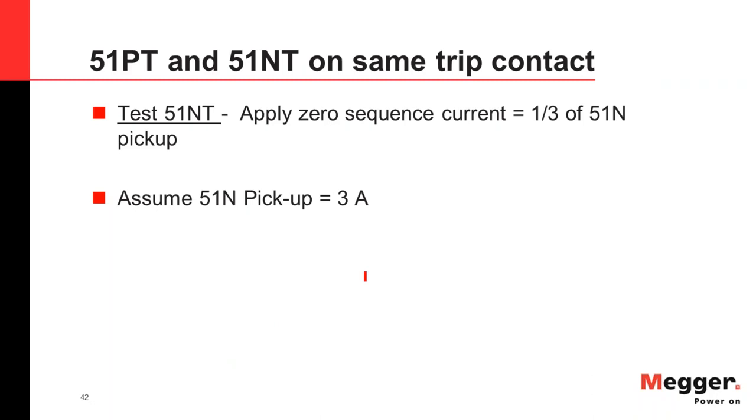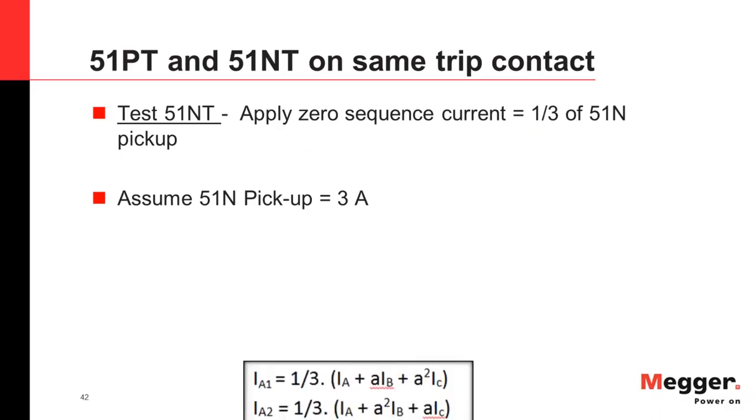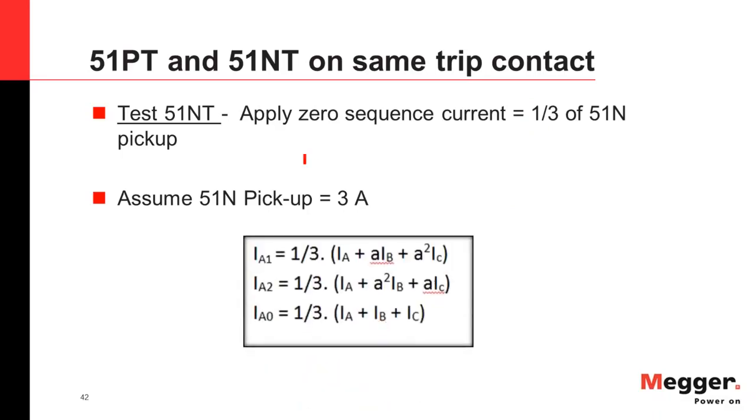Let's say, for example, I have a 51N pickup of 3 amps. You must be wondering why I have this expression 1/3 of the 51N pickup. Here is where it comes from. You remember we derived sequence quantities from phase values. My zero sequence current was 1/3 of phase A plus phase B plus phase C current.